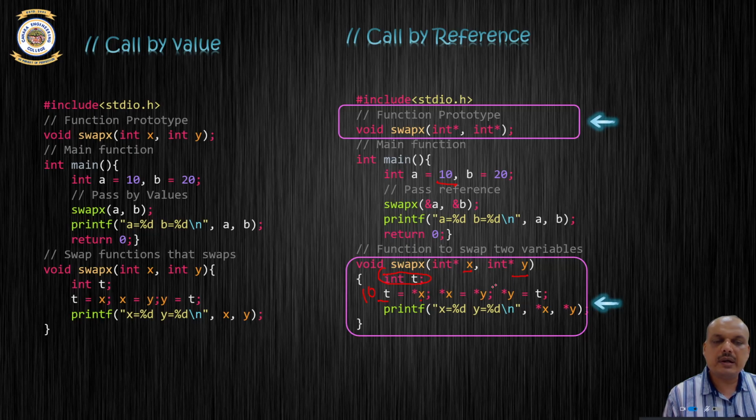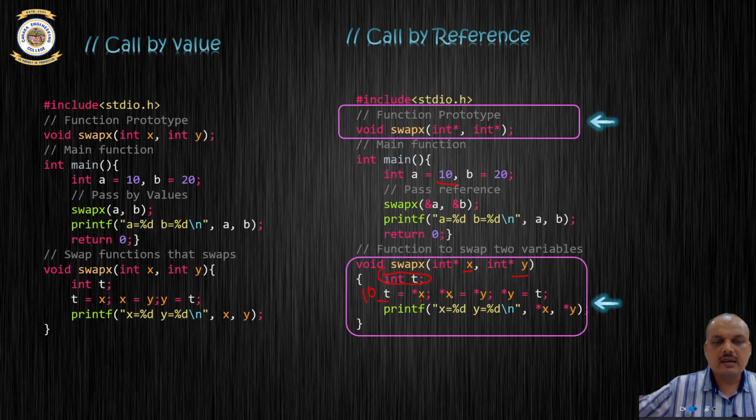Similarly, the value pointed by x is replaced by the value pointed by y. What is the value pointed by y? It is 20, because y has the address of b, and in the address of b is 20, so the value pointed by y is 20. That is given to the value pointed by x. So what is there in x?